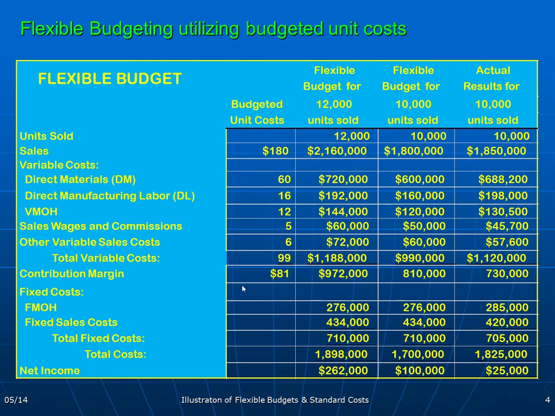Let's assume that our budgeted level of output is 1 unit. What is my budgeted variable manufacturing overhead cost? It's going to be $12. What's my budgeted fixed manufacturing overhead cost? $276,000. Okay. Assume that my budgeted level of output is 2 units. What's my budgeted variable manufacturing overhead cost going to be? $24. What's my fixed manufacturing overhead cost going to be? $276,000. So forth and so on.